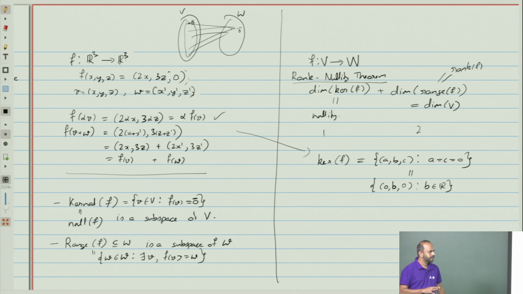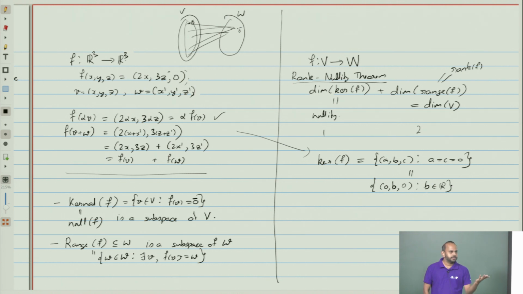F of V precisely spans W, basically you are saying it is an onto function. So if there is a linear transformation f which maps from R^3 to R^2, can we also say that f maps from R^3 to R^3?